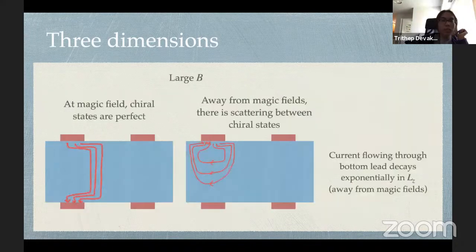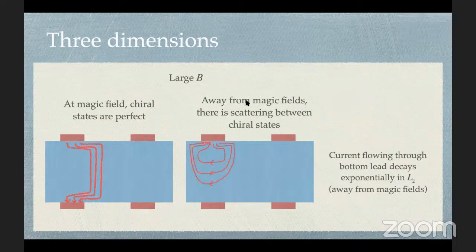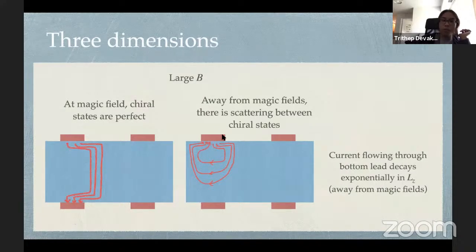Right. So here now let's consider the case where the bulk states are not perfect. So if we're at the magic field, again, the chiral states are perfect, we get what I just showed you. But away from the magic fields, there's now scattering between chiral states. And so what happens is we initially have the same behavior. Things go along here, along the surface state, and then they eventually turn into the bulk due to reaching the end of the Fermi arc. But once they're in the bulk, they realize that these states are not perfectly chiral.